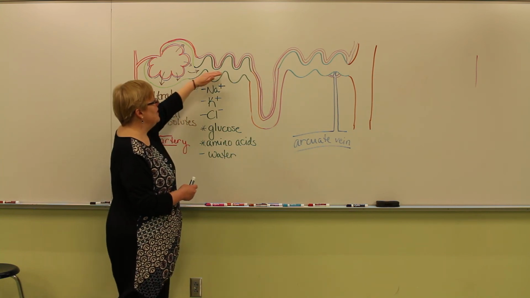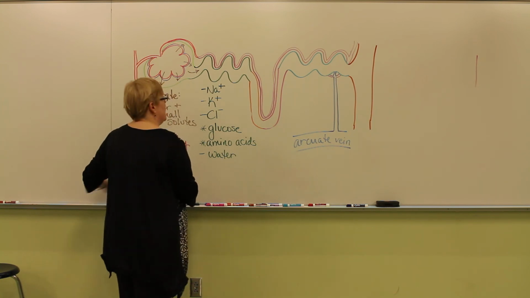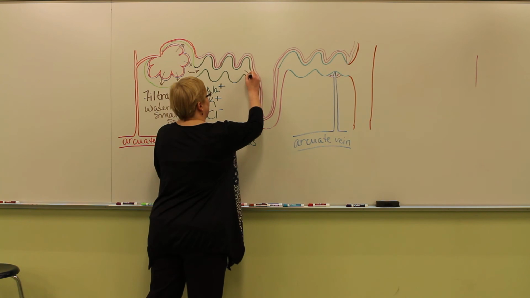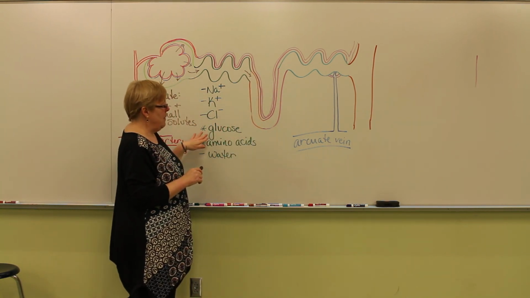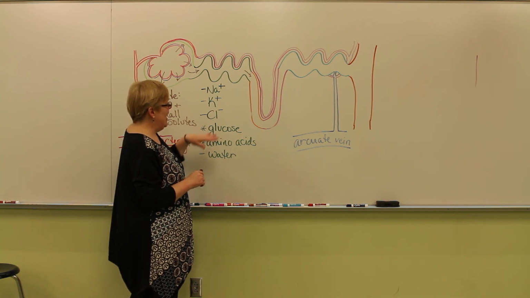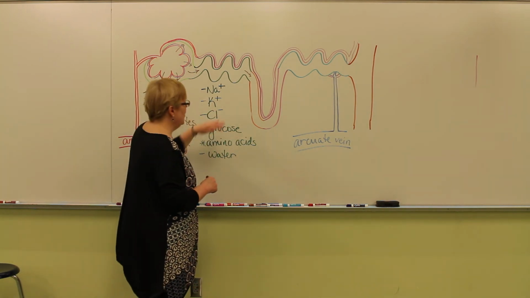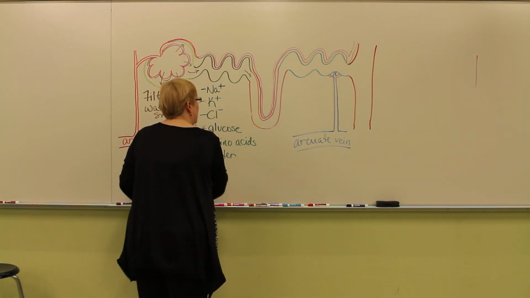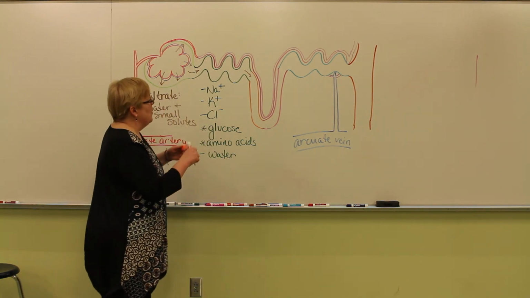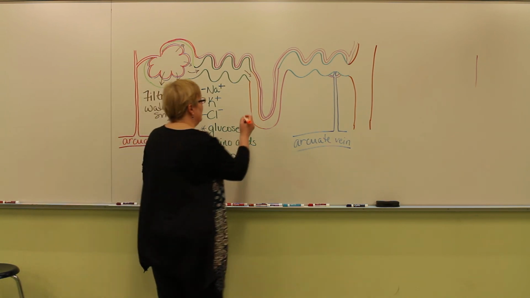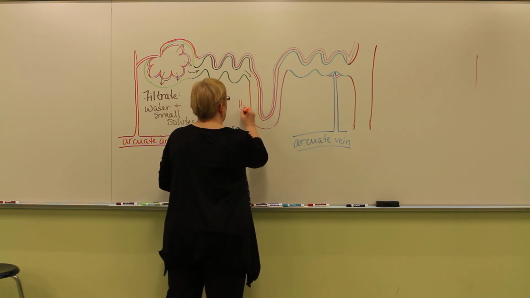Okay? So as the filtrate is moving out of the PCT and into the descending limb of the nephron loop, it should have no glucose and no amino acids remaining in it, and the amount of water and ions should be decreased. So as it's moving into the descending limb, we're going to see that the only thing that is reabsorbed in this section of the tubule is water.